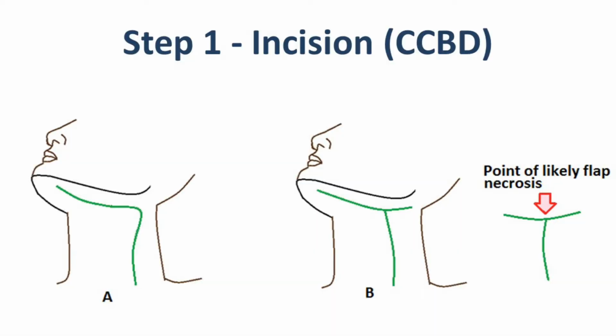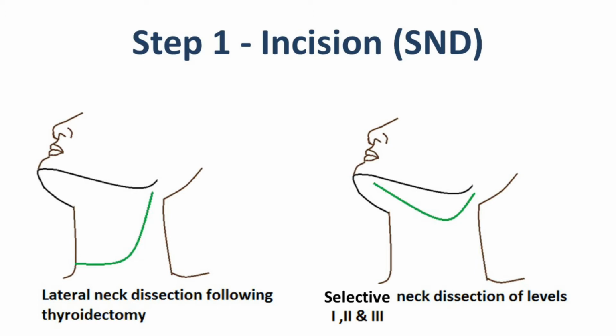The incision is important. Our preferred incision is shown in figure A, which minimizes the risk of flap necrosis in the edges. In this slide on the left, you can see how a thyroidectomy incision can be extended laterally to perform a selective lateral or even a comprehensive neck dissection.